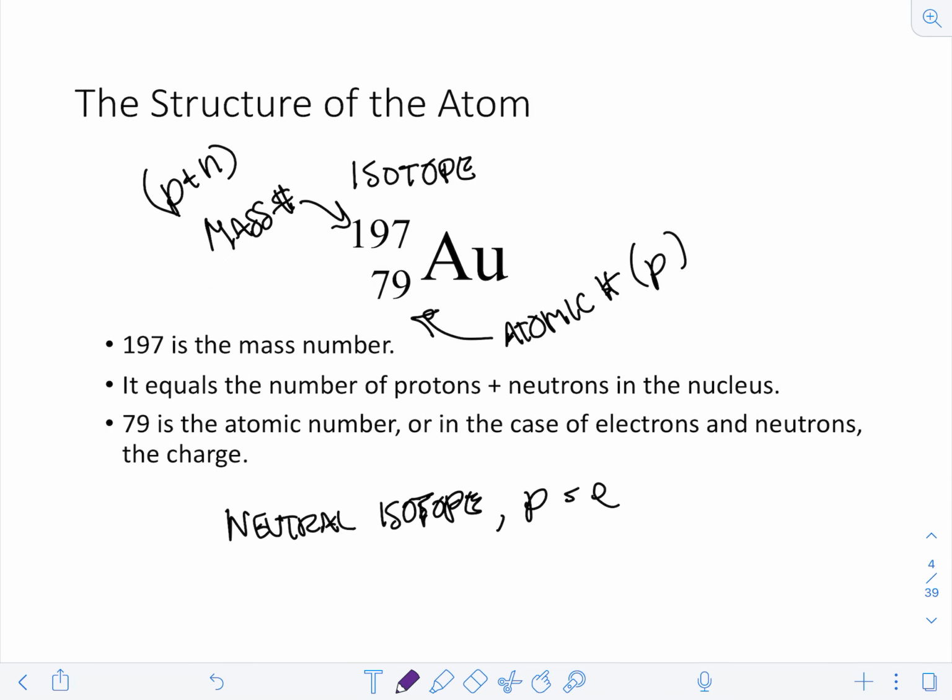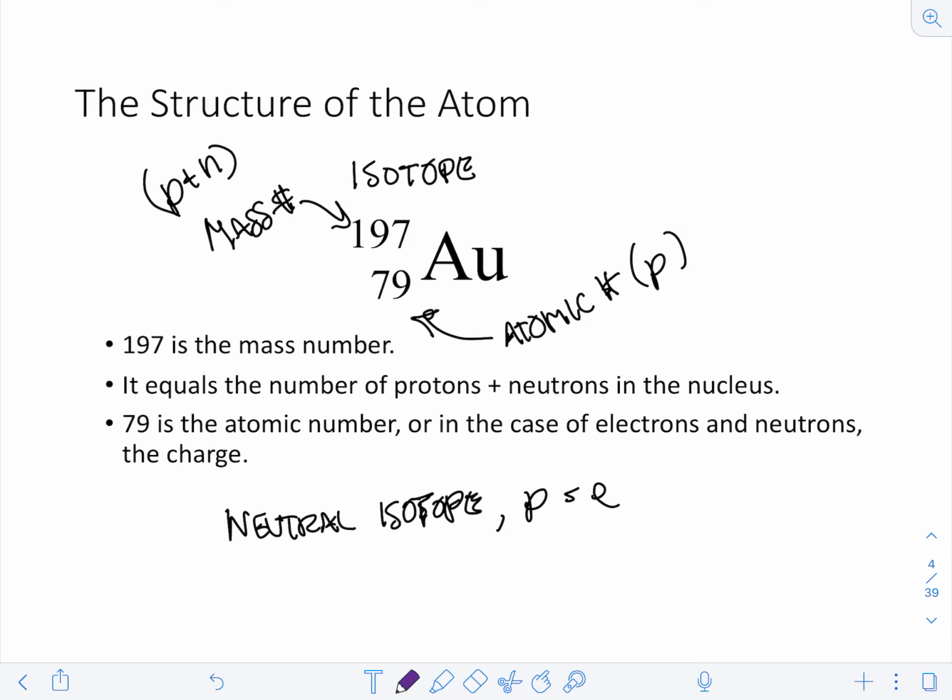Okay, so here I have some quick notes about the structure of the atom. Notice that at the very top here, 197, for that isotope, by the way, this is an example of isotopic notation. Notice that the mass number is a combination of the protons and the neutrons. The bottom number is the atomic number, and that's the protons.